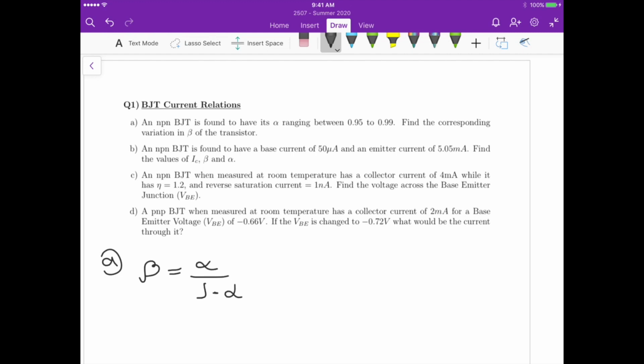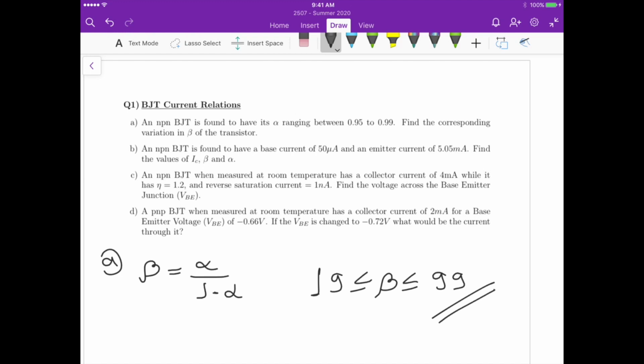So if we have alpha in the range of 0.95 to 0.99, we just have to substitute in this equation, and then we figure out that beta varies from 19 up to 99. Okay, so this is for part A.